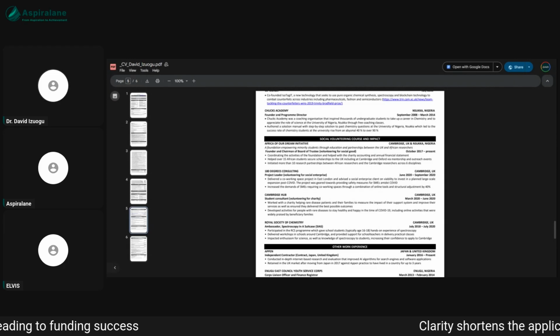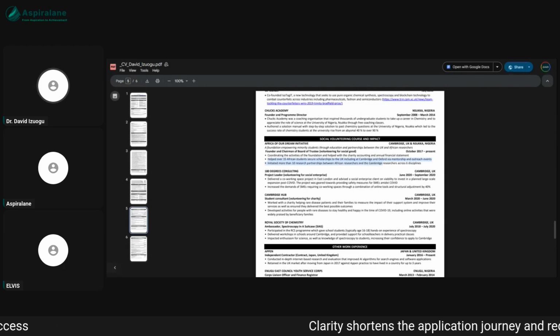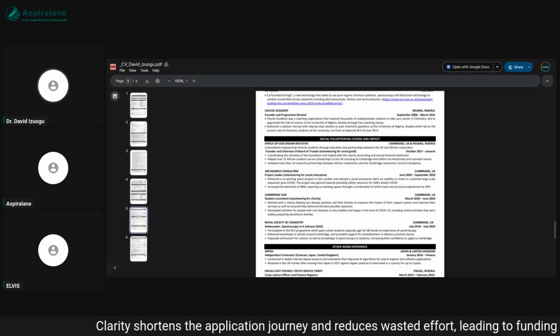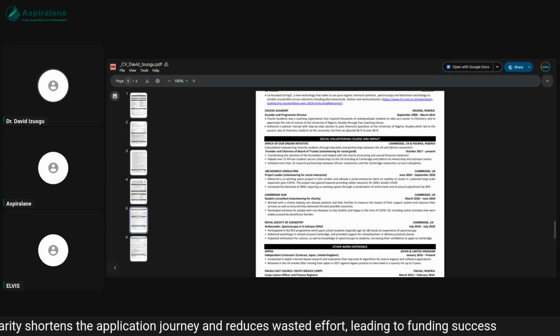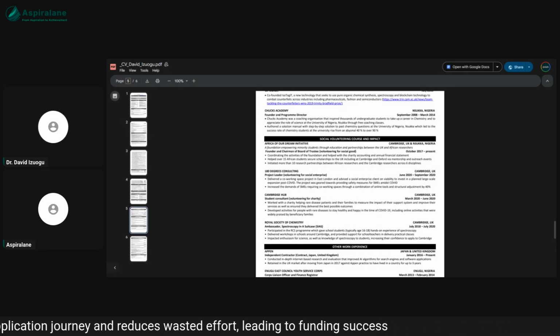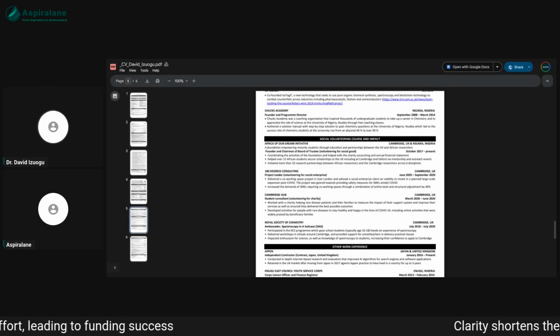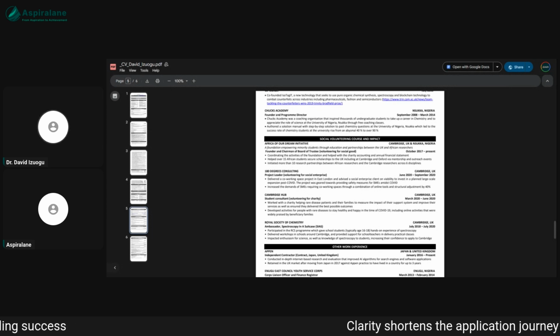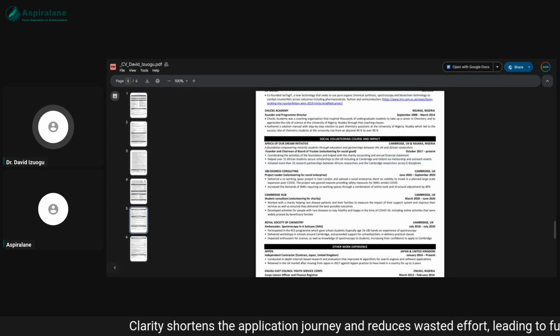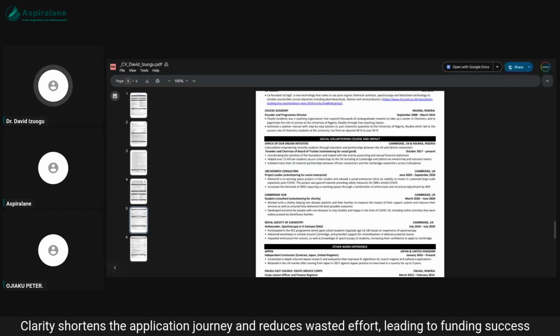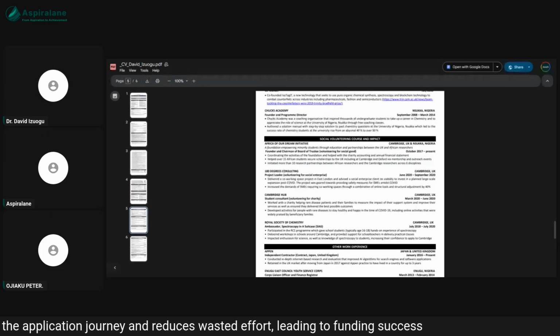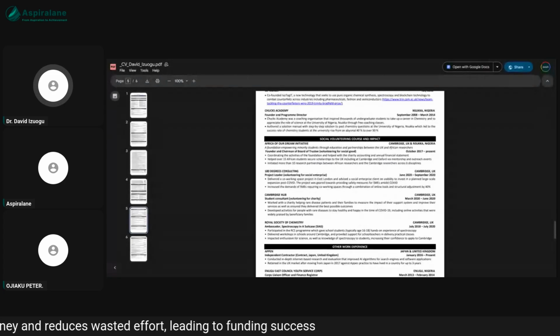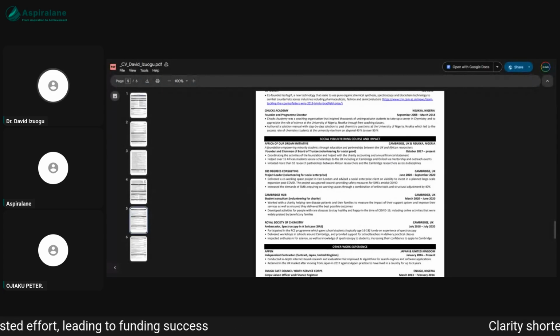But then in these two bullet points, you can see the impact. Helped over 15 African students secure scholarship to UK, including at Cambridge and Oxford, via mentorship and outreach events. Initiated more than 10 research partnerships between African researchers and Cambridge researchers across 6 disciplines. So you can see those impacts that we are talking about. And you can also see that these impacts are written in one sentence, one line, right?